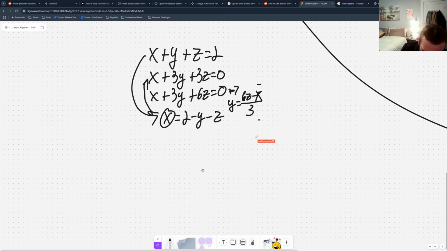Okay. So we have x equals 2 minus y minus z, right? I think this is where I went wrong. I think we need to substitute x into both equations first. So, this is getting a little confusing, all right?